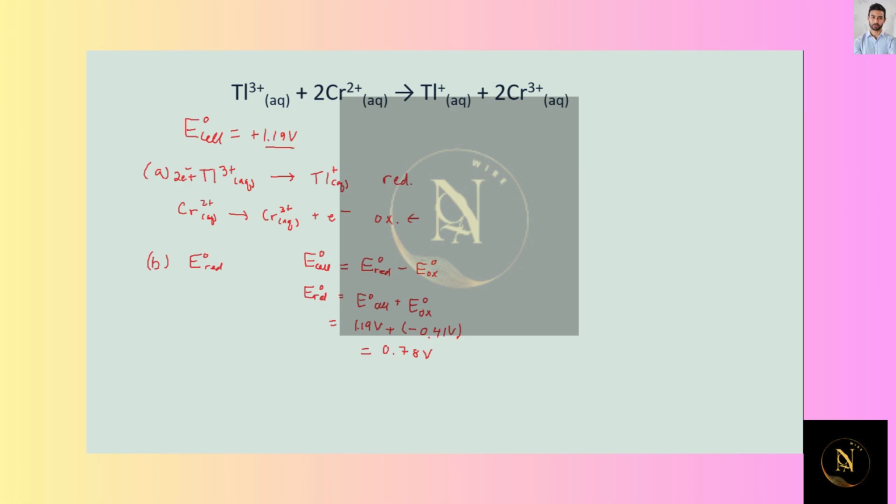In part C, we are asked to sketch the voltaic cell, label the anode and cathode, and indicate the direction of electron flow. So I'm going to come over here for our part C. In our voltaic cell, we have one half cell that has some electrode in it, some inert metal.